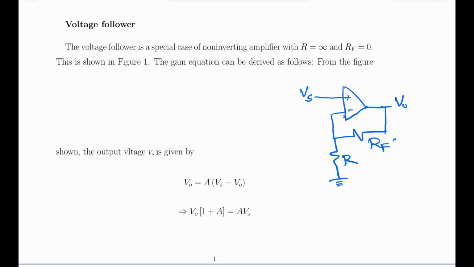If I make Rf equal to 0 and R equal to infinity, what I get is a voltage follower. We have shown it in figure 1. So this is the circuit diagram of a voltage follower.